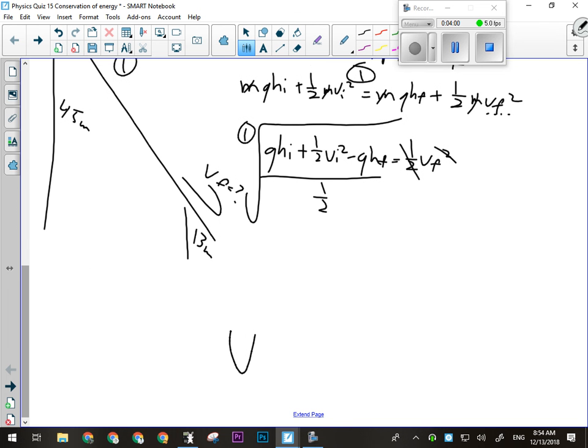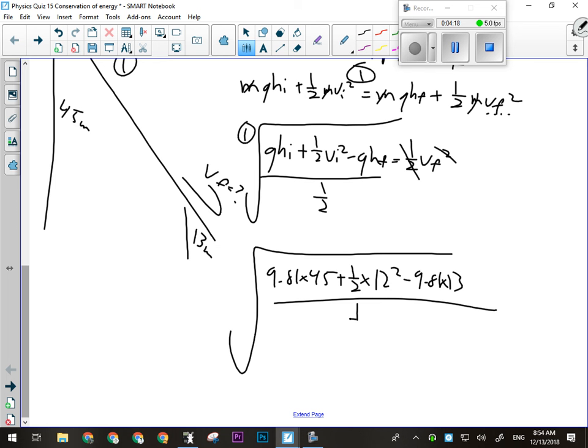Mark for plugging in all the numbers. So we will have 9.81 times 45 plus 1/2 times 12 squared minus 9.81 times 13, divided by 1/2.